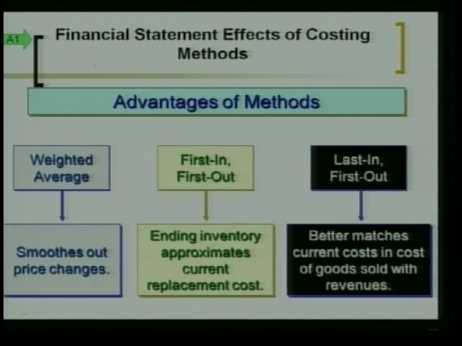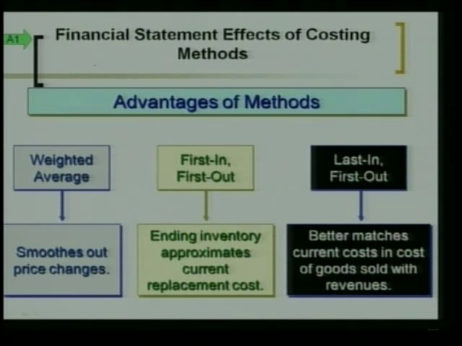Let me say that a little differently. Some people say that there's a better match with cost of goods sold and revenues on the LIFO method because the cost of goods sold is the most recent purchases. But we also know that when prices go up, last in, first out gives the lowest income tax expense.